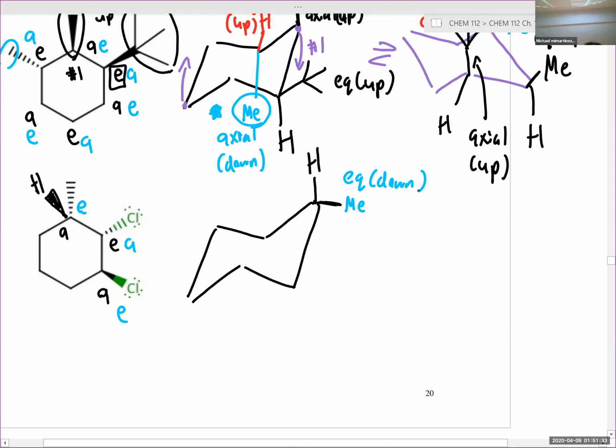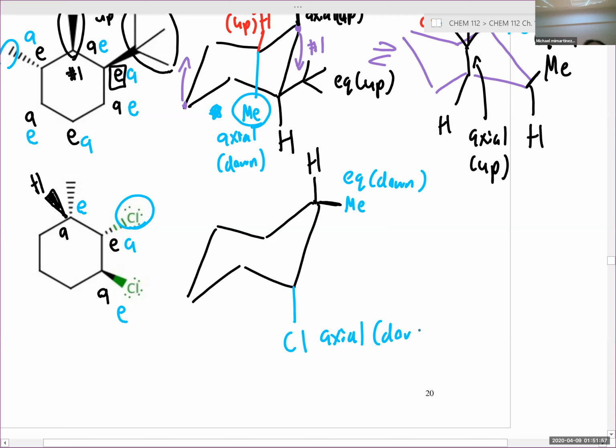Now, would we expect the chlorine here to be axial or equatorial following our counting method? Yep, axial. You can make the chlorine on the first spot; that's more than okay. But the second chlorine would be axial pointing down.